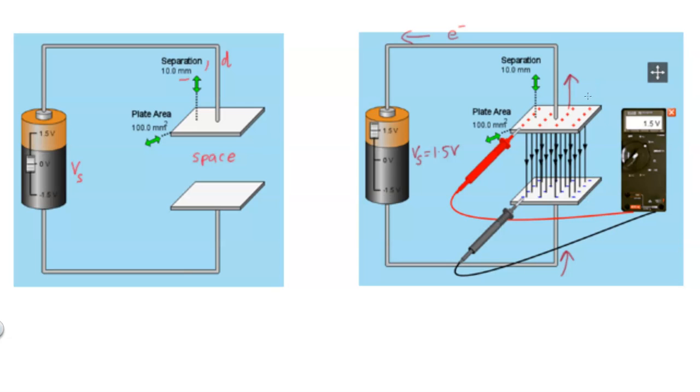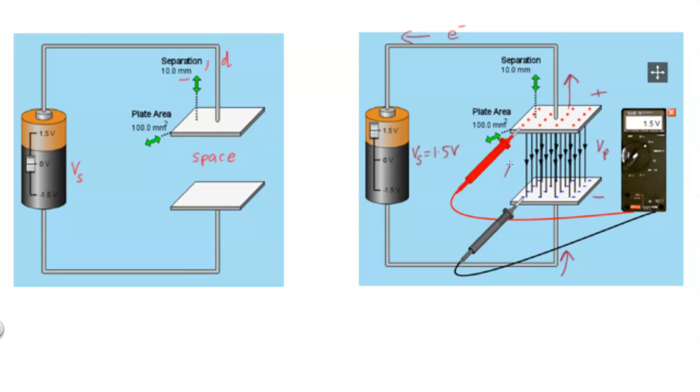So this one becomes positively charged, this one becomes negatively charged, and the current will flow, or the electrons will stop flowing, once the voltage across the plates equals the supply voltage. So we'll call this the voltage across the plates.